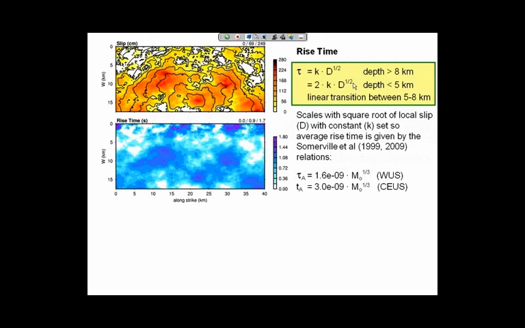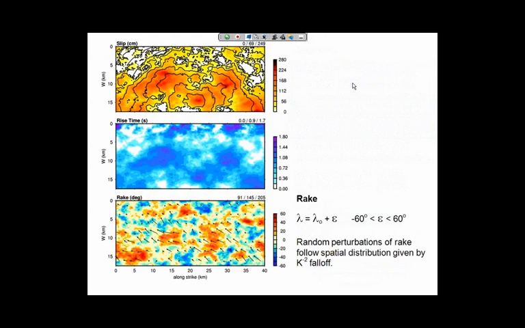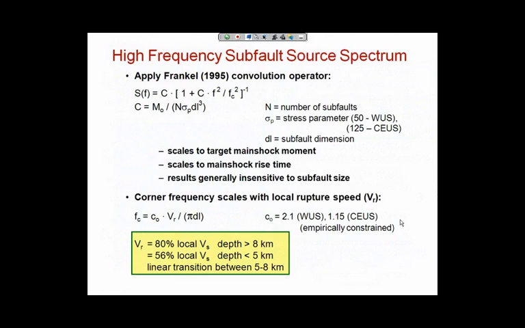It's proportional to the square root of the local slip amplitude. And this is rise time as the slip time function. They also introduce a rake, about minus 60 to plus 60 degrees from the original, specified or obtained from inversions at lower frequencies.